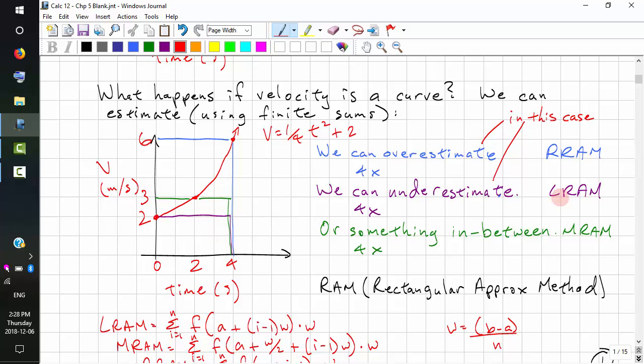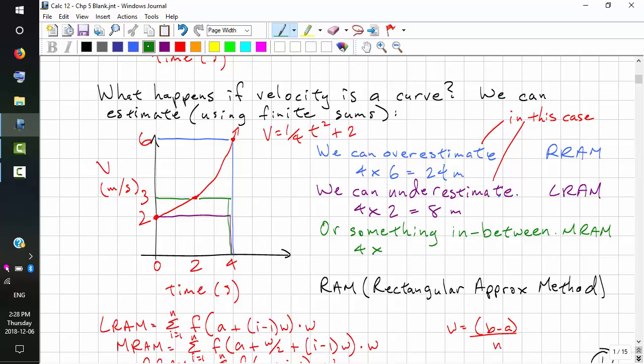And if we use the left rectangular approximation method, this one is an underestimate because this rectangle is smaller than the area under the curve. So let's do some calculations. This is 4 times 6, and we get 24 meters. This is 4 times 2, and we get 8 meters.